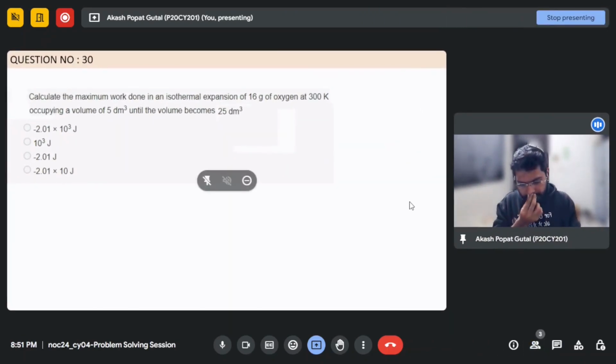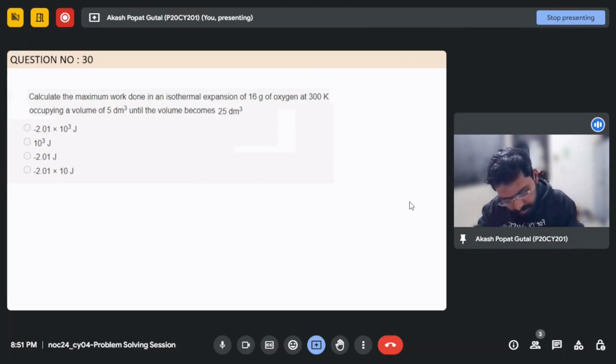As we know, in isothermal expansion the maximum work done is during the reversible process. The work done by the gas can be written as negative nRT ln V2 by V1.